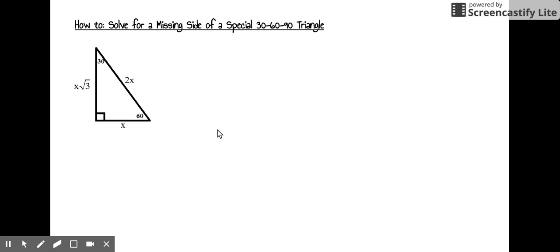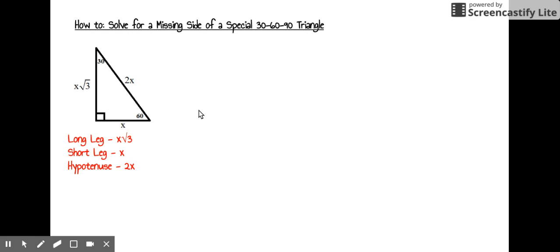Those are the rules you have whenever you're trying to solve for a side. If you know what x is, then you can solve for what this side is or what the hypotenuse is. Again, the long leg is x radical 3, the short leg is x, and the hypotenuse is 2x.